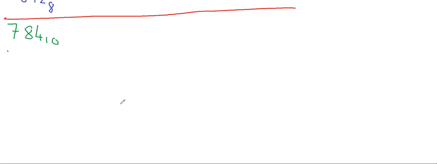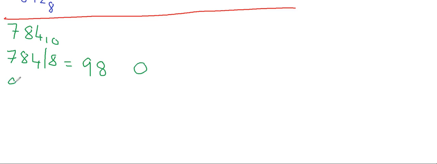So we'll divide 784 by 8. So 8 times 9 is 72. Remainder is 6. So we have 64. So 8 times 8 is 64. So this is exactly divisible by 8. So 8 times 98 is 784. And the remainder is 0.